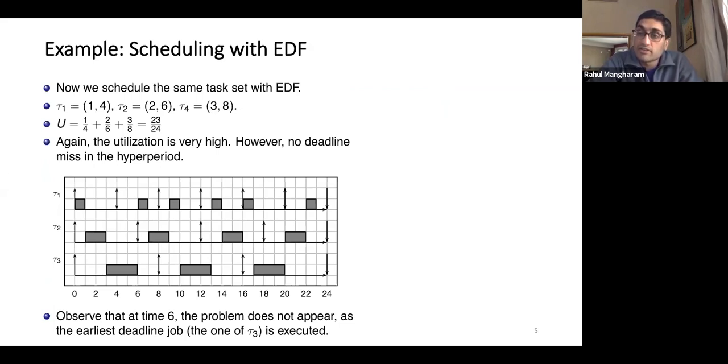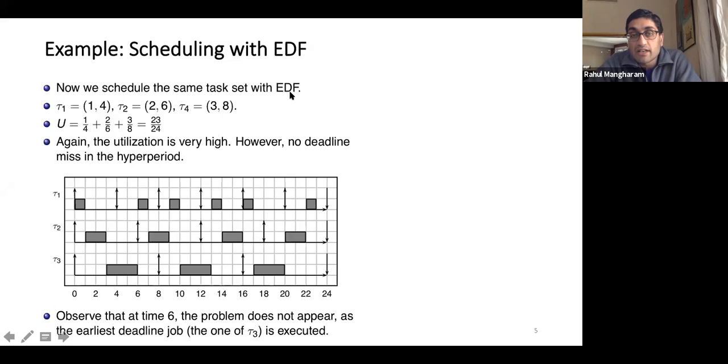And the urgency is a relative urgency, right? Is your flight flying before my flight? It's not about whether I am TSA pre-check or not. So it's a very different way of providing the priority for these tasks. And the second part you want to notice is that with rate monotonic scheduling, we had some high utilization and it was not schedulable.